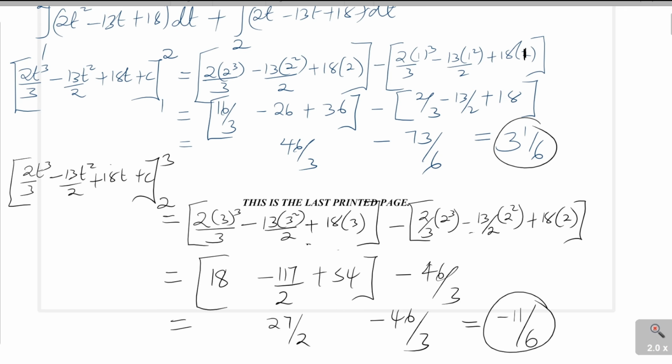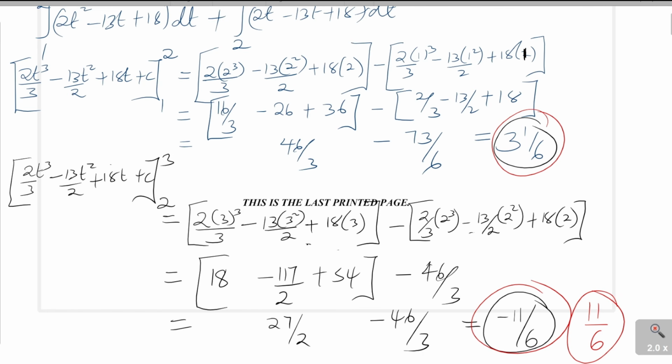Remember, you're supposed to add these, but for this one we have a negative. This is the instance where I told you that sometimes you get a negative area. This means there's a part of this graph, if you were to draw it, that falls below the x-axis. Because this is distance, you ignore the negative and pick the positive, that is 11 divided by 6.